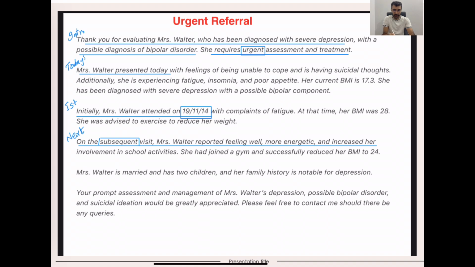Then Mrs. Walter is married and has 2 children. This is past medical history, family history, everything. Then is the conclusion. Your prompt assessment and management of Mrs. Walter's depression, bipolar disorder, and suicidal thoughts or ideations would be greatly appreciated. So this is conclusion.